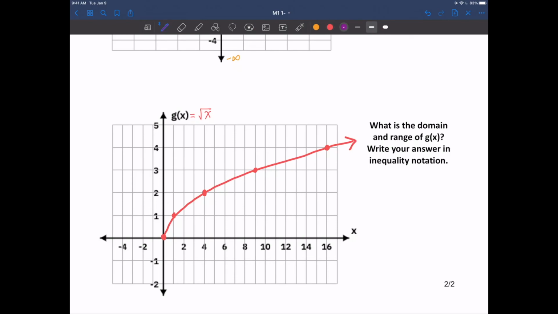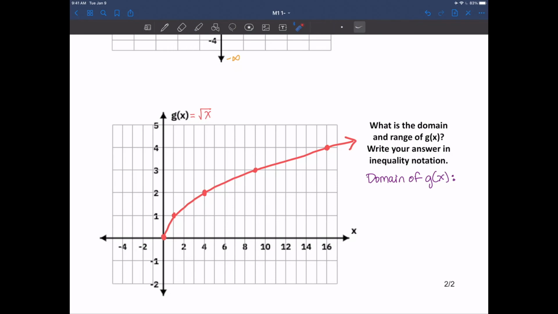All right, again, it says, what is the domain and range of g of x? Write your answer in inequality notation. So I use purple for domain, so that's a thick marker. Okay, domain of g of x this time. Okay, I'm going to read from left to right.